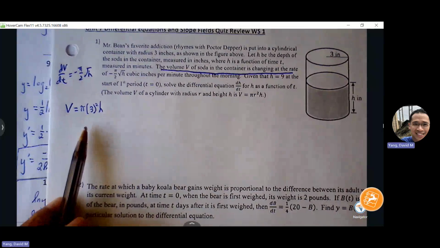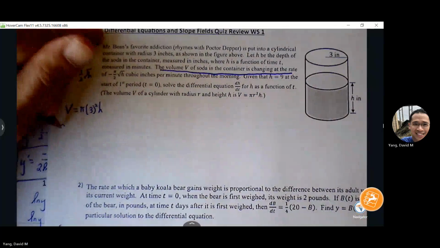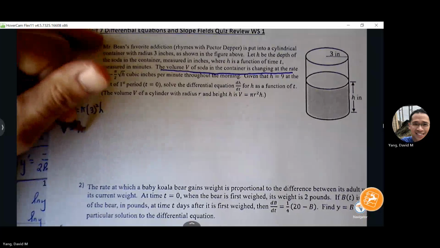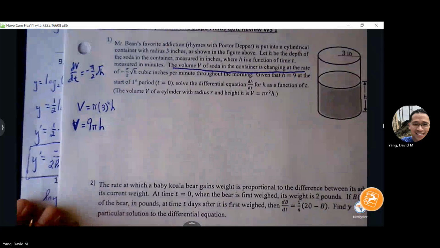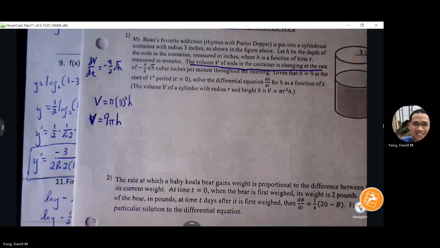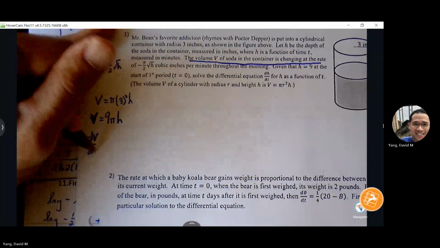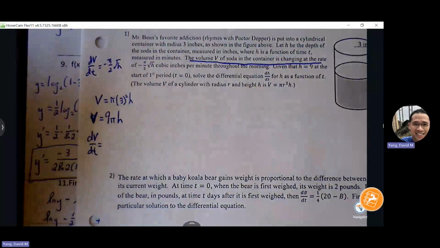So we can start off our derivative process. Just jumping to power rule here. We can find dV/dt, right? 9πh becomes 9π dh/dt.